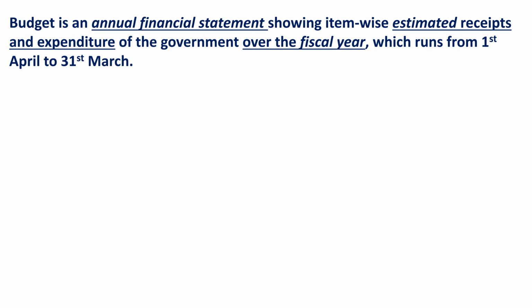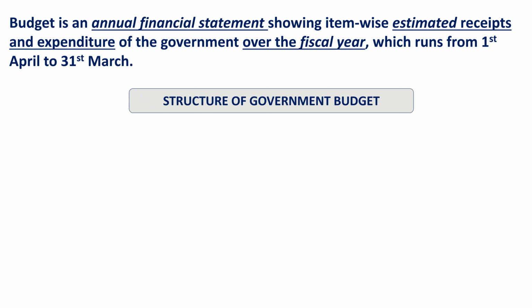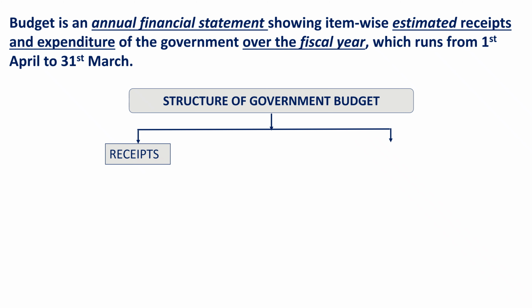Budget is an annual financial statement showing item-wise estimated receipts and expenditure of the government over the fiscal year, which runs from 1st April to 31st March. Now, the structure of the budget consists of receipts and expenditure.